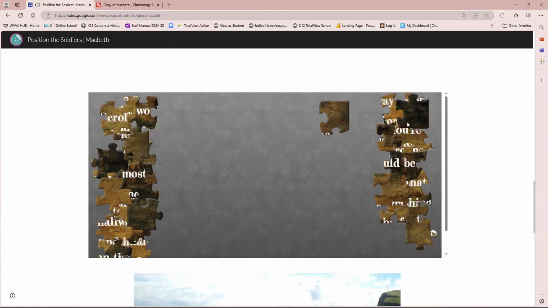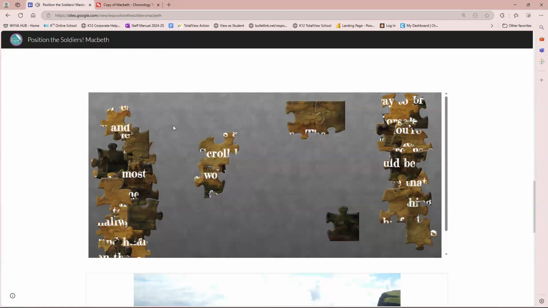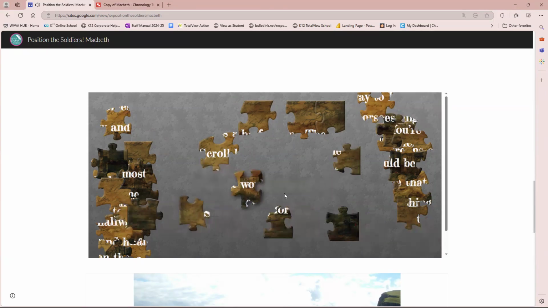All right, so you are just solving this puzzle. Right, when you get them close together, if they connect, they will connect. I always like to put the straight pieces out so I know where they are. You solve it however you can.